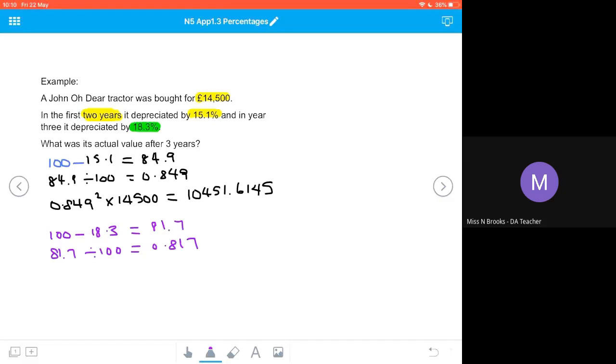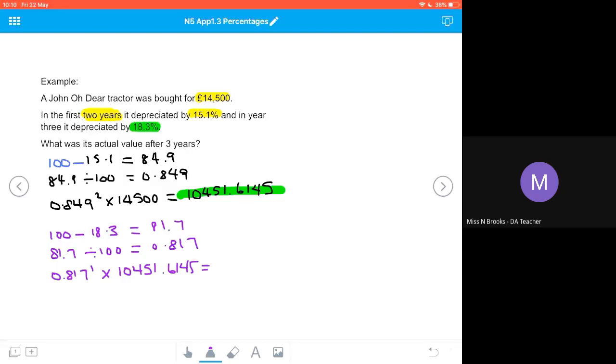So I'm going to take that decimal and put it to the power of time. Now, the power of time is in year 3, so that's 1 year, so I'm going to have it to the power of 1. And then I'm multiplying it by the value that I created at the end of year 2. So I'm multiplying that by the 10,451.6145.